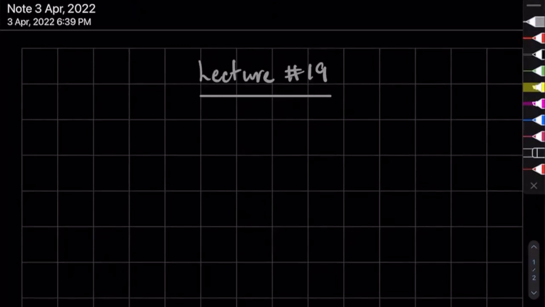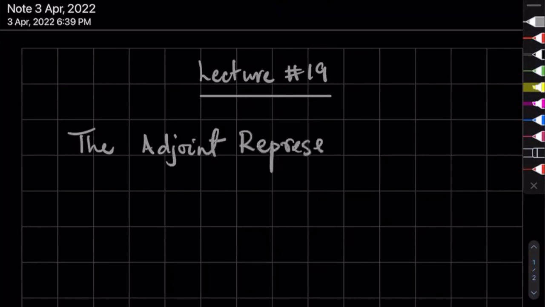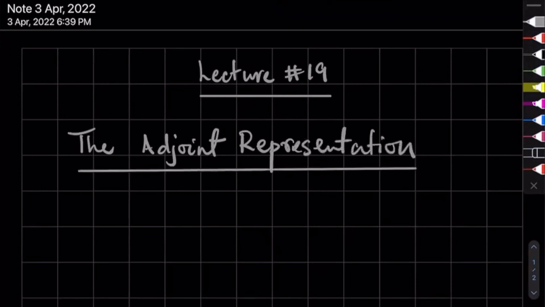Okay, so we were discussing the adjoint representation, and I just sketched it. I didn't really give you the details. So what is the adjoint representation?